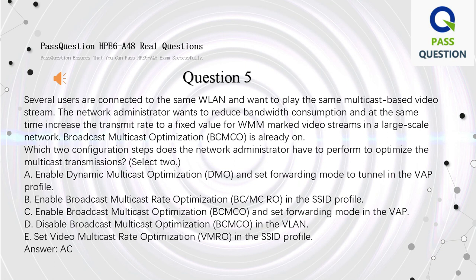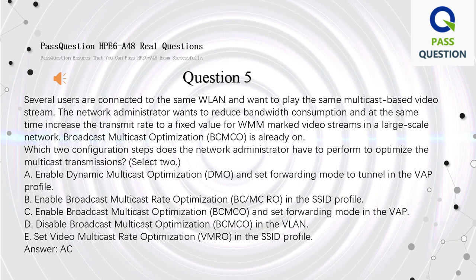Select 2. A. Enable Dynamic Multicast Optimization (DMO) and set forwarding mode to tunnel in the VAP profile. B. Enable Broadcast Multicast Rate Optimization (BC/MC RO) in the SSID profile.